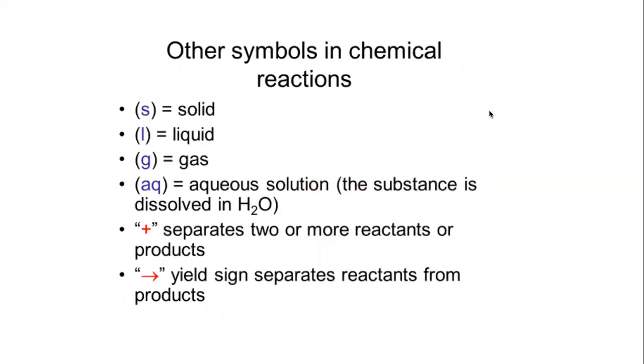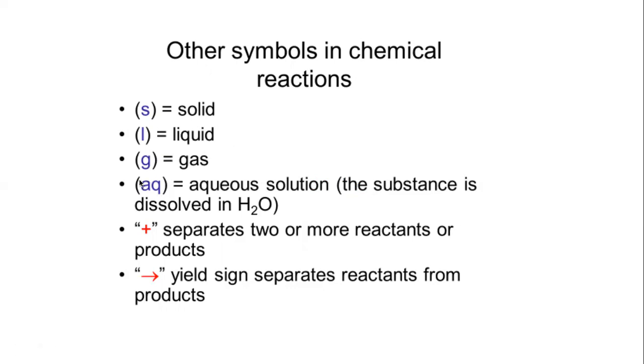There are other symbols that you might see in chemical reactions, such as symbols for solids, liquids, and gas. This tells us about the states that the compounds exist in. So on the first slide, we saw that we started out with hydrogen and oxygen gas, and the product of that chemical reaction is water that exists as a liquid.